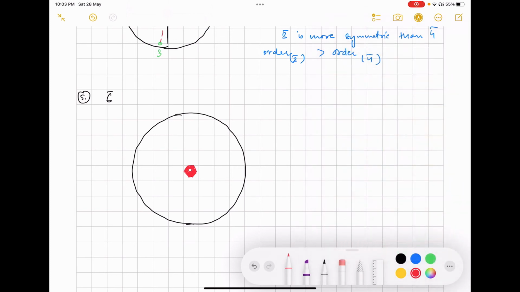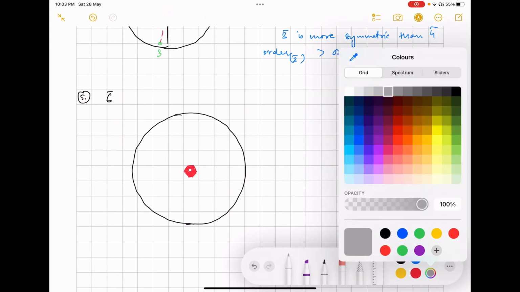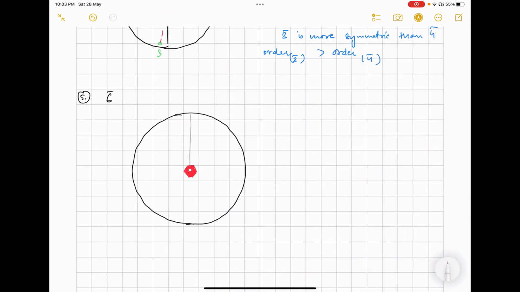Now let us draw the axis. So suppose this is your axis, then after 60 degrees of rotation it goes here, then after 60 degrees it goes here, then 60 and then again 60. So after each rotation of 60 degrees it transforms like this.